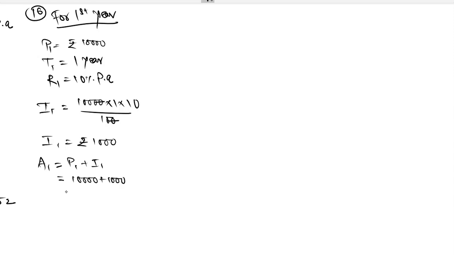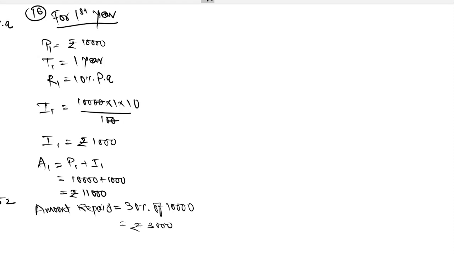And A1, amount at the end of 1 year, P1 plus I1, that is 10,000 plus 1,000, 11,000. Now, what is the amount repaid? 30% of sum borrowed, that is 30% of 10,000, that is rupees 3,000.